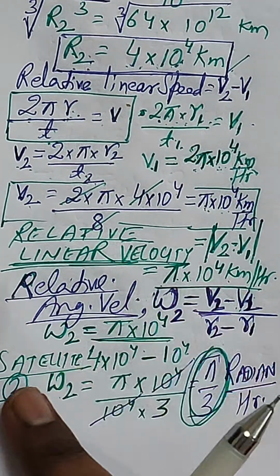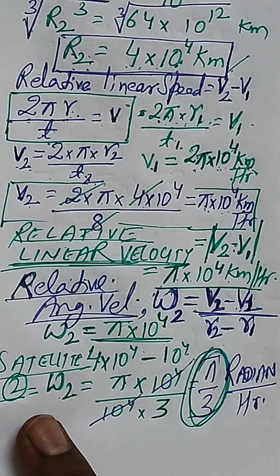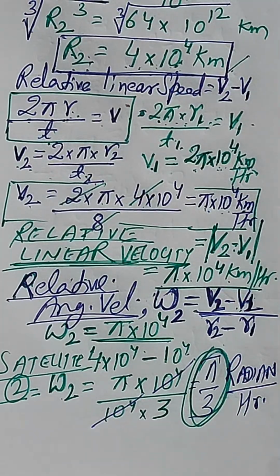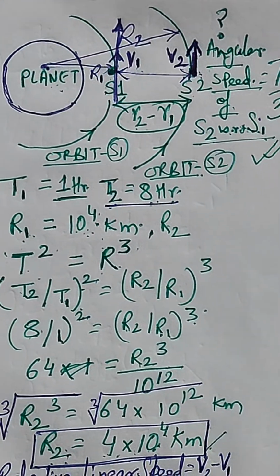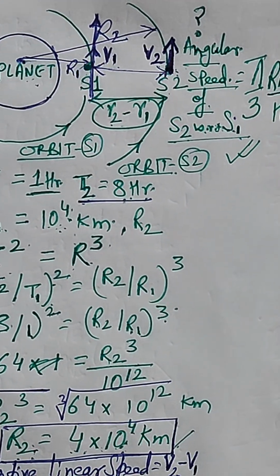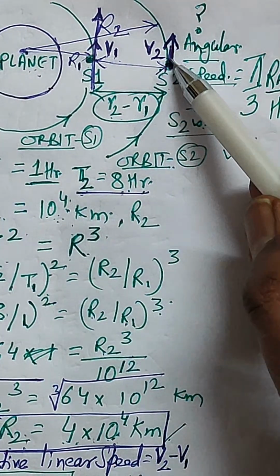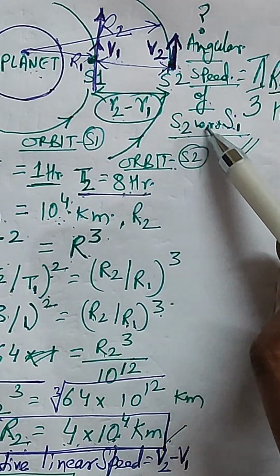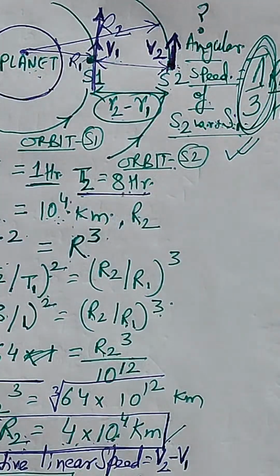Just put in these values and solve, you get the value of omega 2, that is the relative angular velocity of satellite 2 with respect to satellite 1, which is pi by 3 radian per hour. That's how we have solved this question, and this is the answer, pi by 3 radian per hour. The relative angular speed of satellite 2 with respect to satellite 1 is nothing but pi by 3 radian per hour, right?